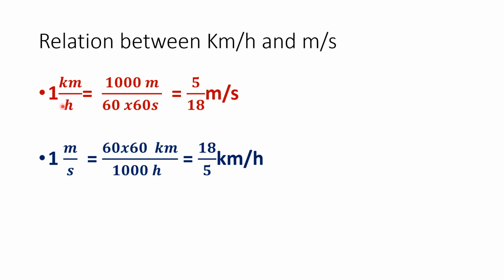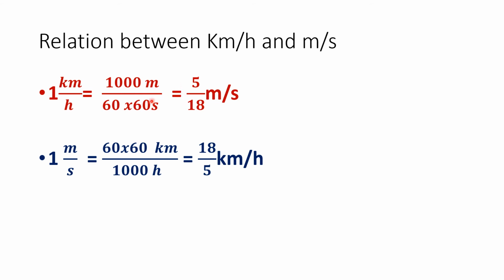So directly, if you want to convert 1 hour into seconds, 1 hour is equal to 60 into 60 seconds. 60 into 60 is 3600. If we cancel the zeros and cancel a little bit, you will get 5 by 18. So remember, when you want to convert kilometer per hour into meter per second, just remember 5 by 18. You multiply it with 5 by 18 and it is done. You will get it in meter per second.